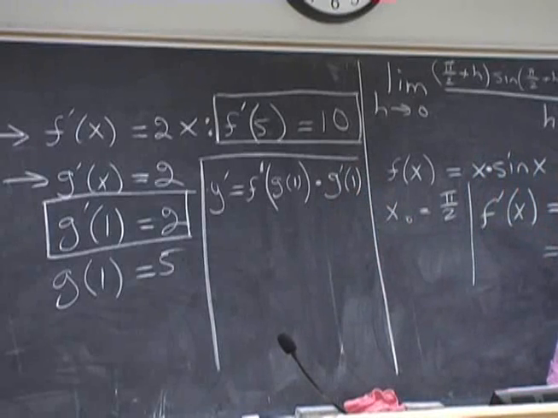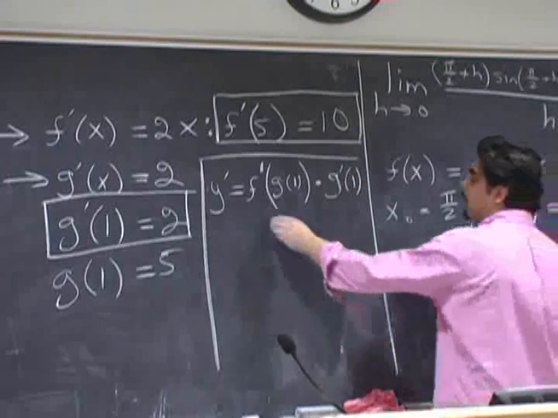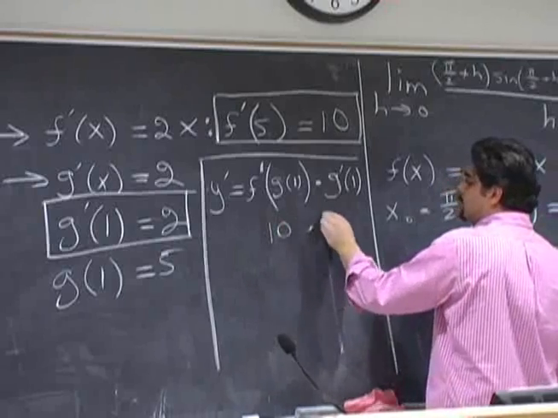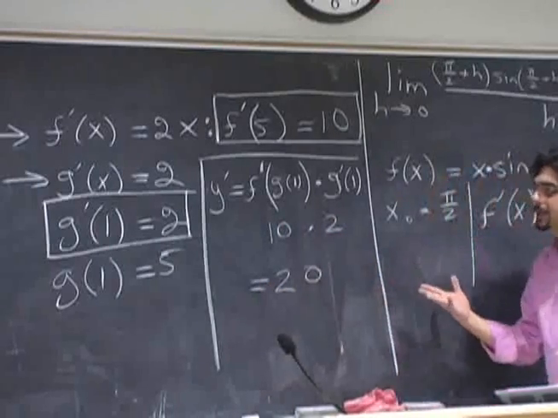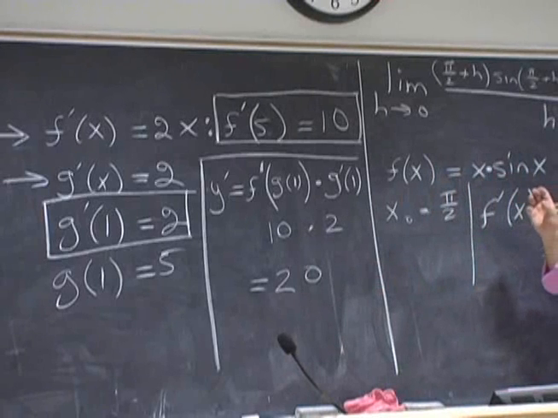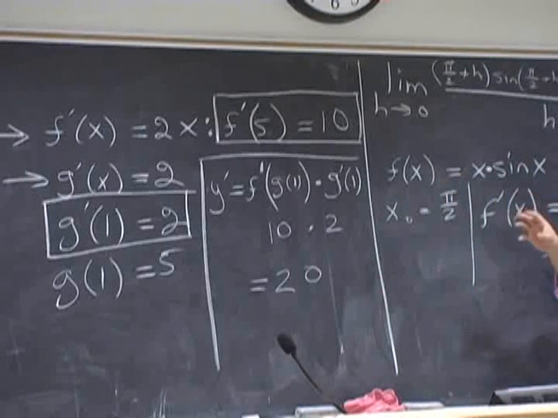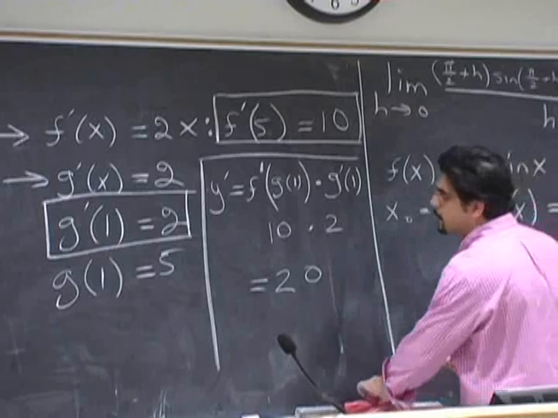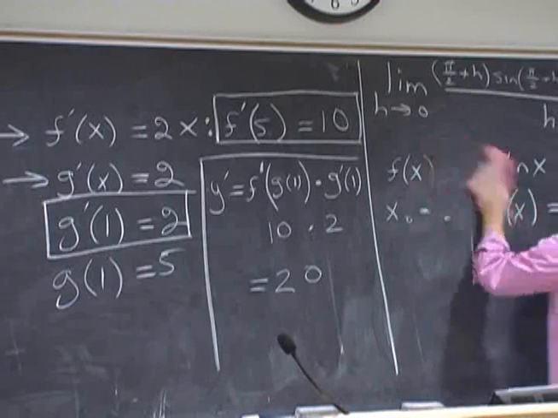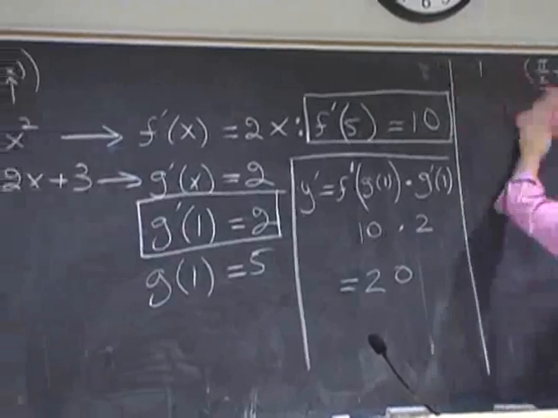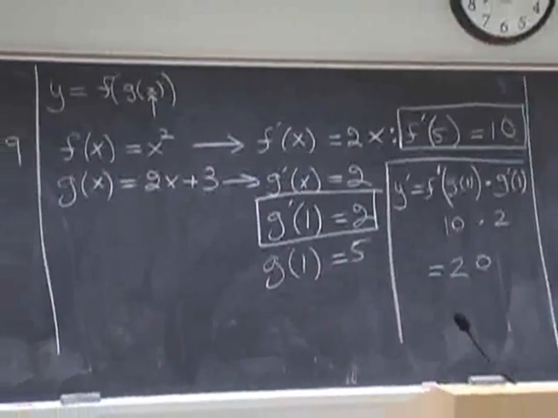You see that? This was 10 times 2, just 20. And if you do some more examples of this, you'll see that this is an interesting observation, because there's actually a reason behind it.